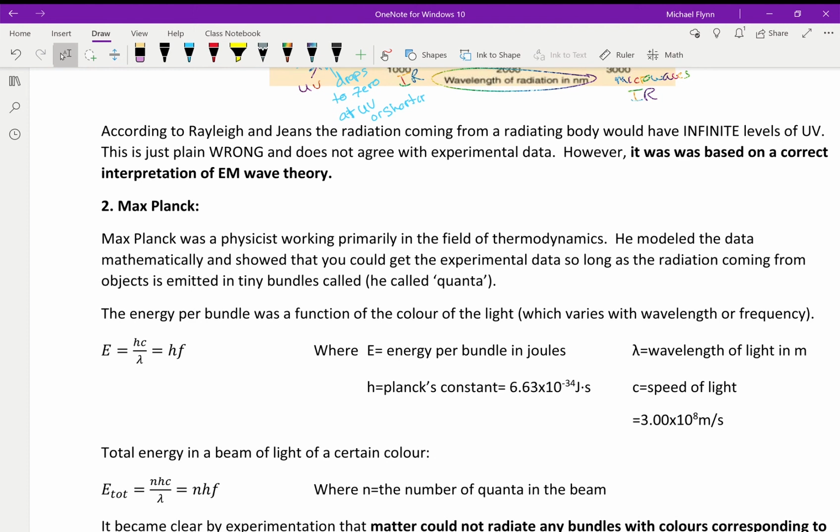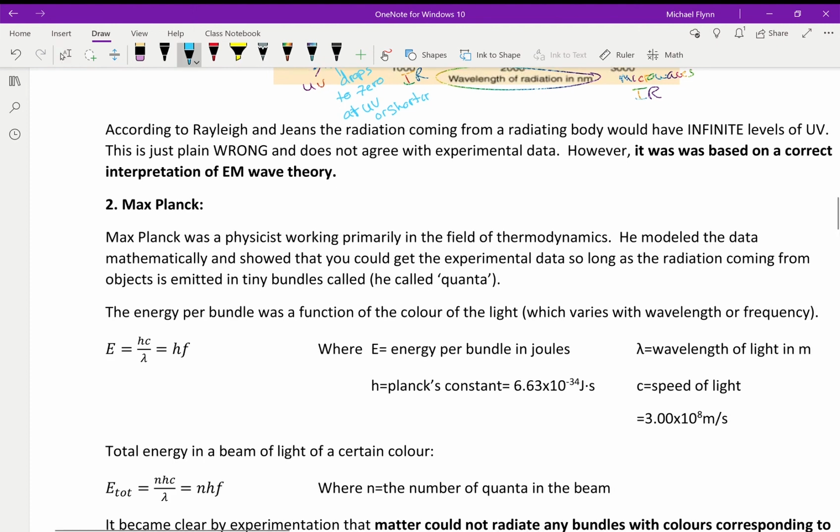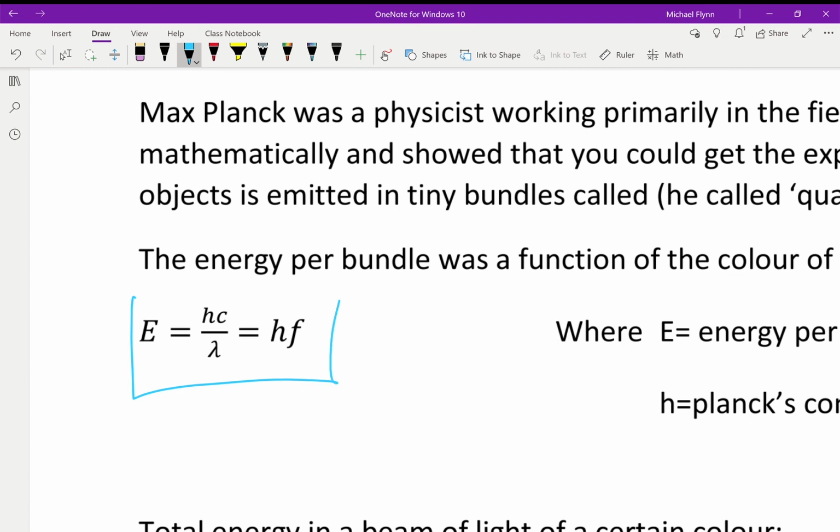But the energy in the bundle depends on its color, and we use wavelength as a marker for color. He said the energy per bundle is given by this equation, and that's Planck's equation. You can use hc over lambda, or hf, as the energy per bundle.